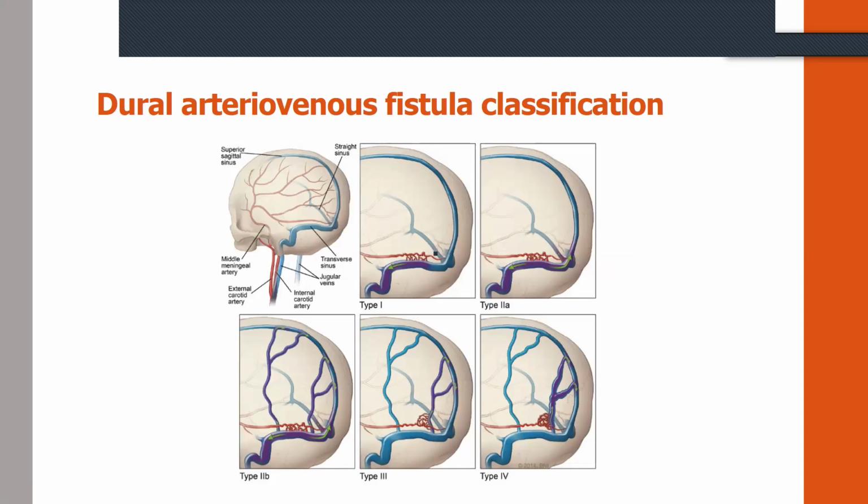And not only does it directly dump into the cortical vein, but it also causes the vein to become ectatic or abnormally dilated. And as you can imagine, a normal vein is not equipped to handle arterial pressure, and that leads to direct brain compression. It can lead to hemorrhage risk. It can lead to seizure risk, all of the above.